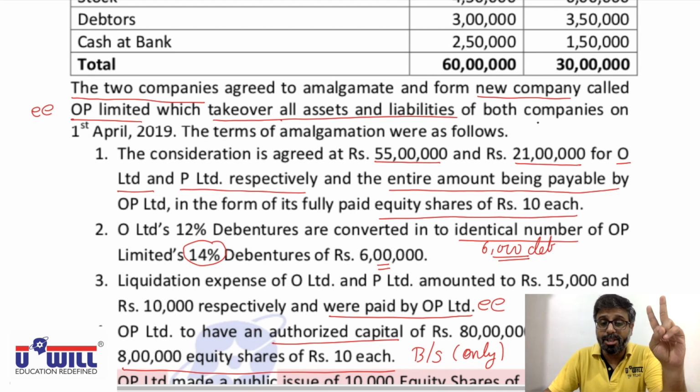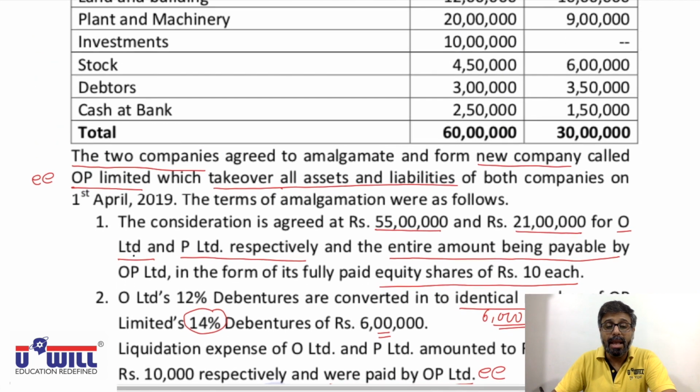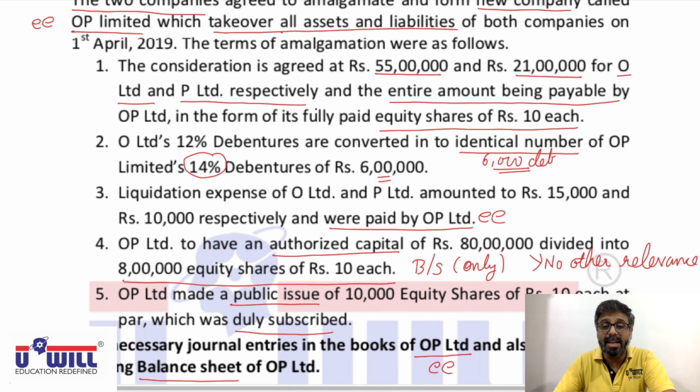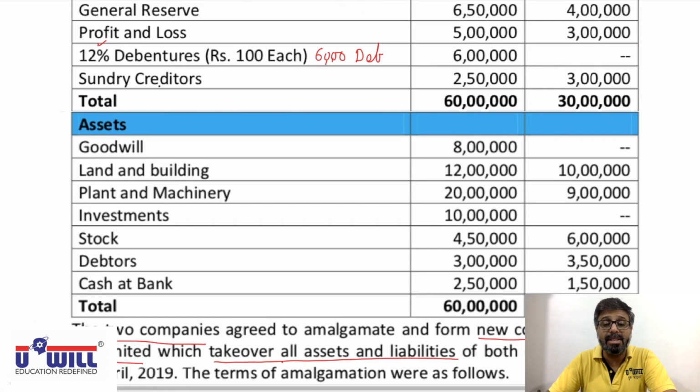What was the second condition? At book values. Now tell me, in these five adjustments, are you given any different agreed value of goodwill, land and building, plant and machinery, investment, stock or debtors? No. Are you given with any different agreed value of debentures and creditors?